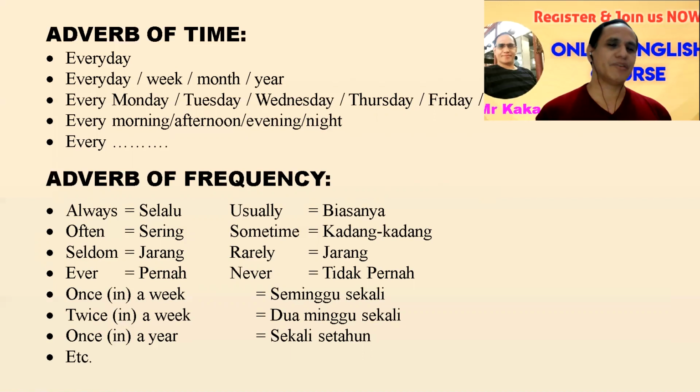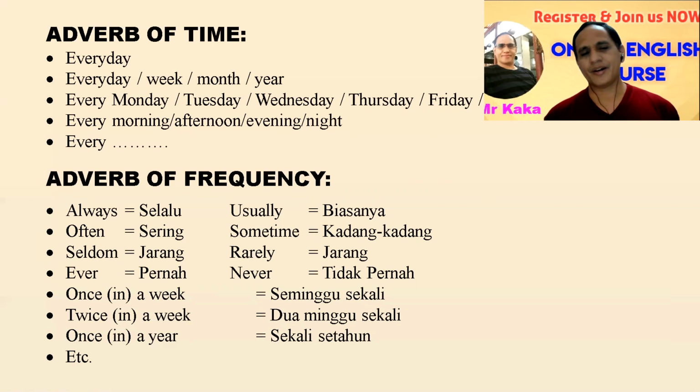Another thing you have to pay attention to when you make a sentence using simple present tense is the adverb of frequency. Have a look at your screen here: always, often, seldom, ever, usually, sometimes, rarely, or never.